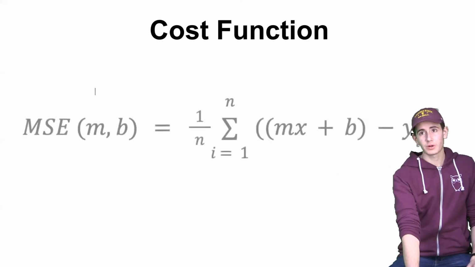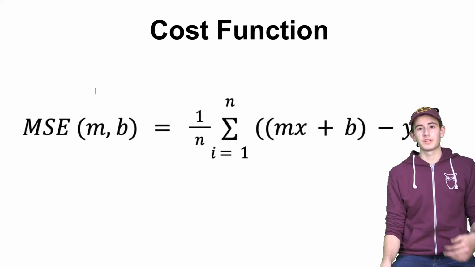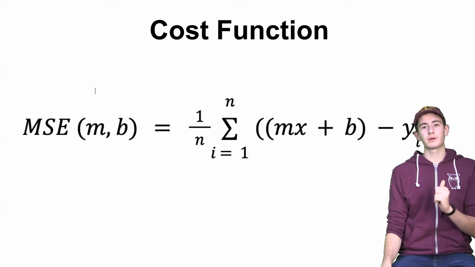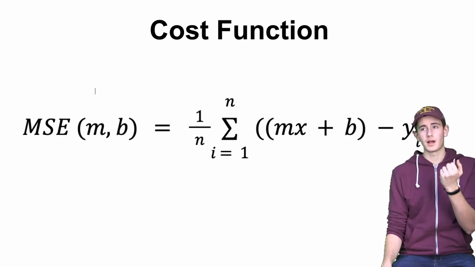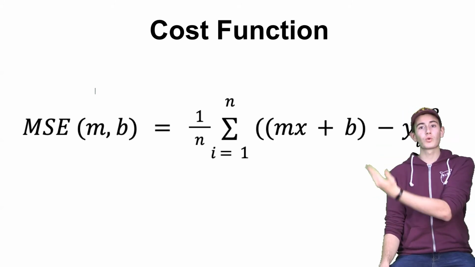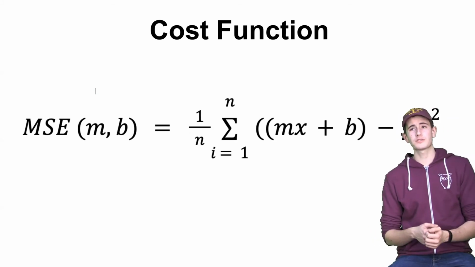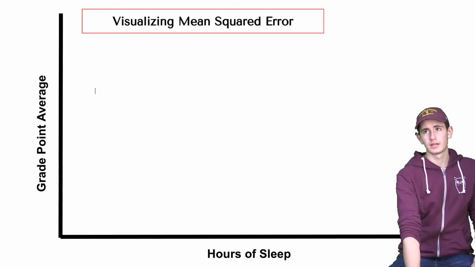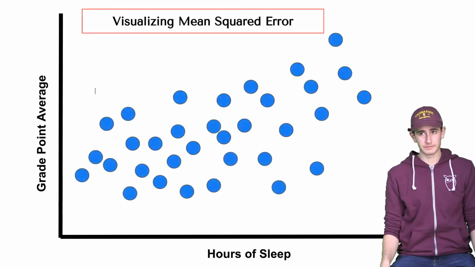So mean squared error can really be formulated as a function of m and b, where mean squared error equals 1 over the number of samples times the sum of mx plus b minus our ground truth, squared. Okay, not too difficult.